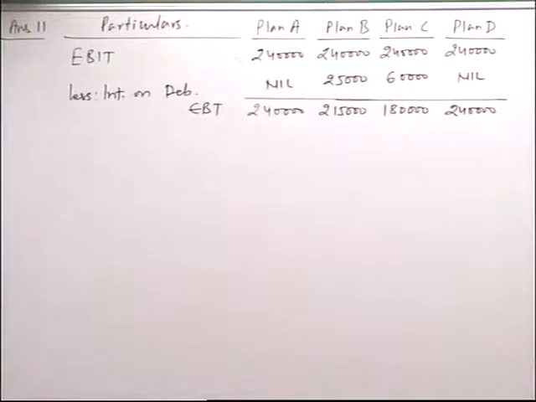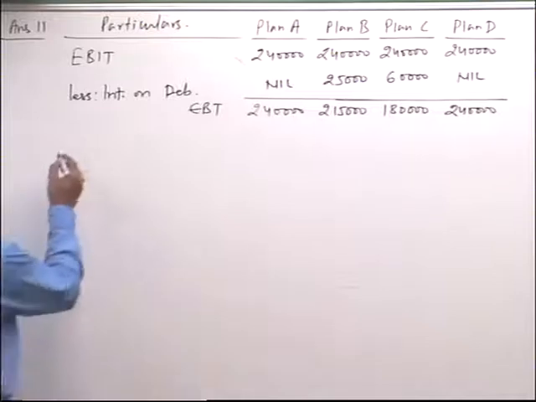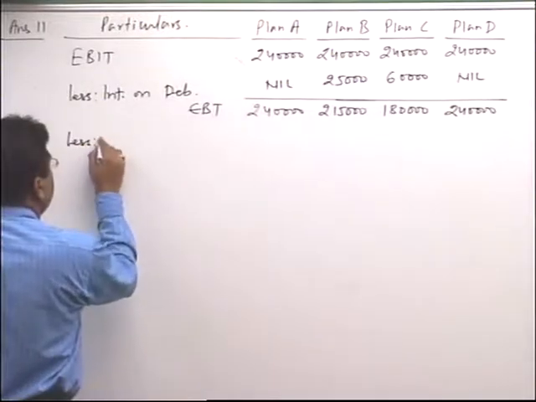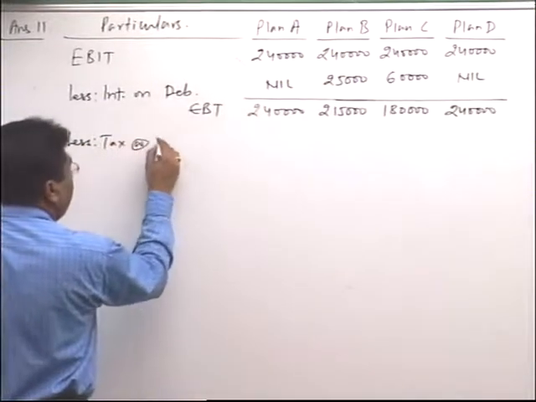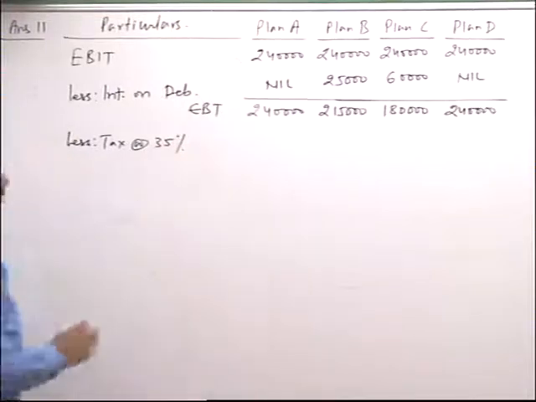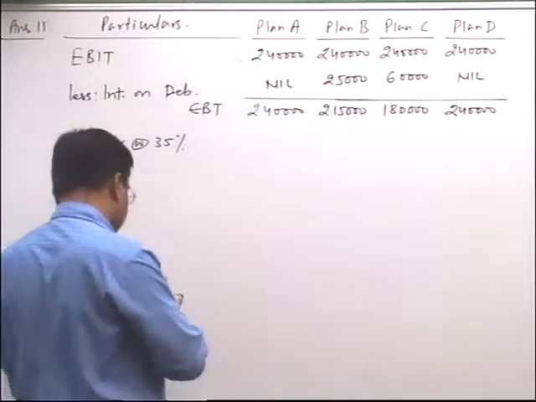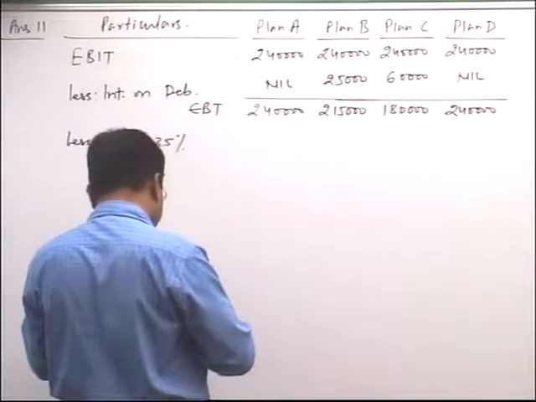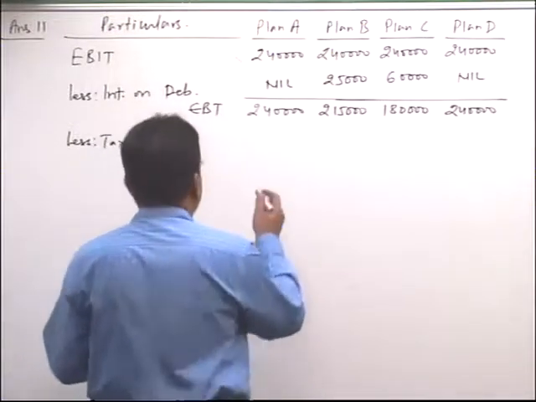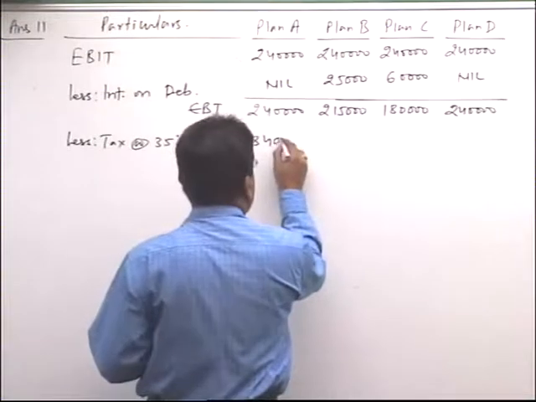Now from this deduct tax at the rate of 35%. Please deduct tax at the rate of 35%. So at the rate of 35%, it comes to 84,000.